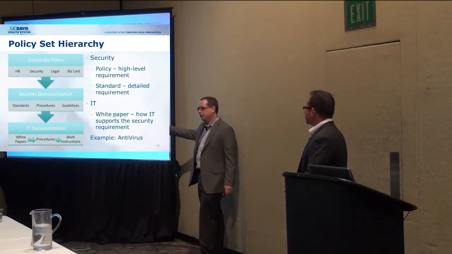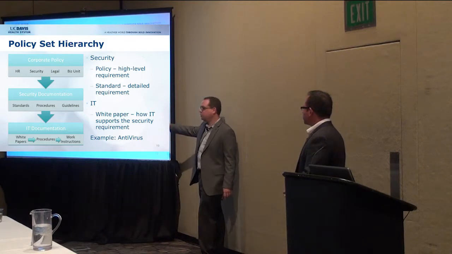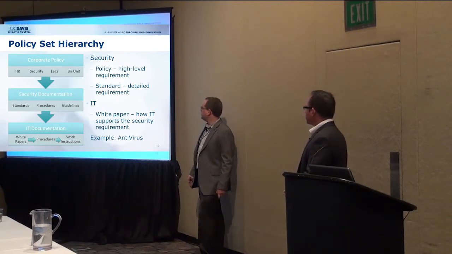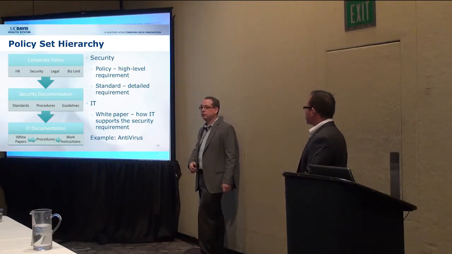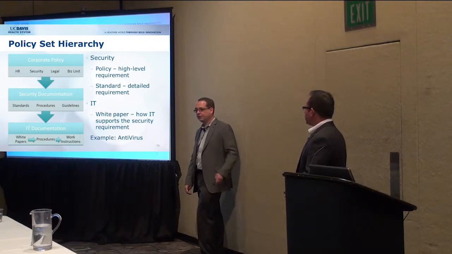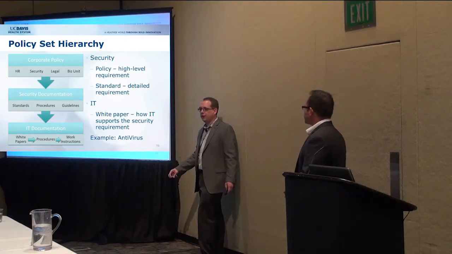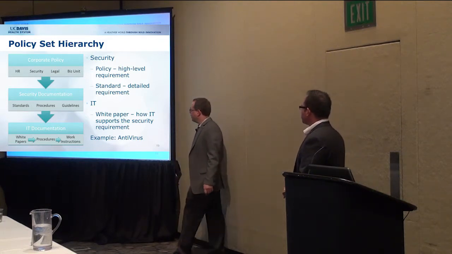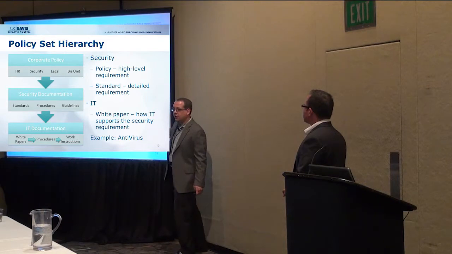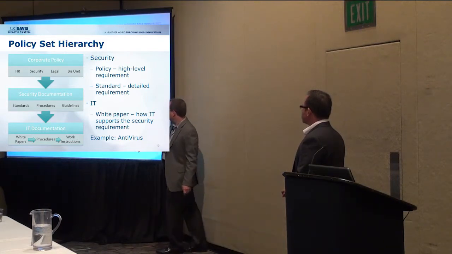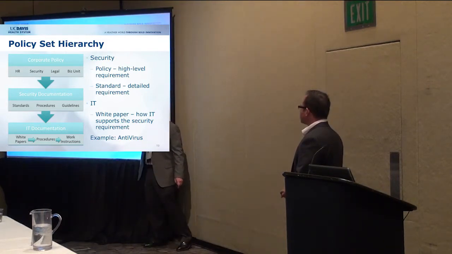In here, it's still standards, procedures, and guidelines, but it's nothing as technical as, for antivirus, saying that you will run antivirus software and it will be updated on this frequency, right? It's not that you will run McAfee or you will run Symantec, anything like that. Because that's really the detail, and that's what the IT documentation needs to support.